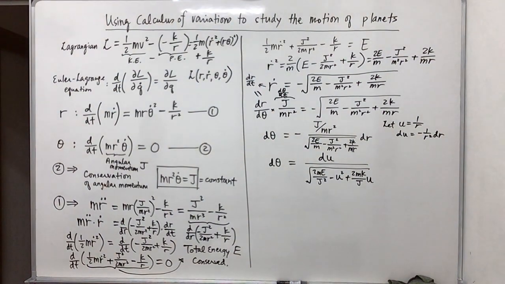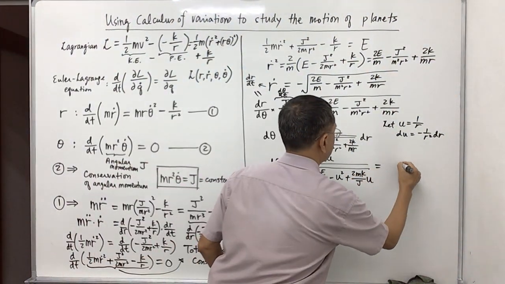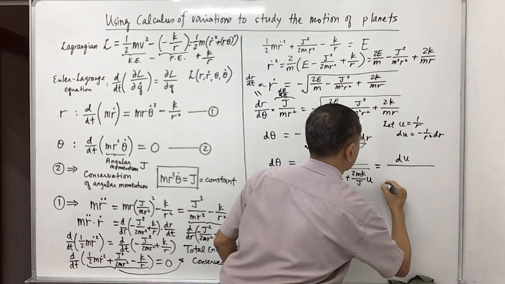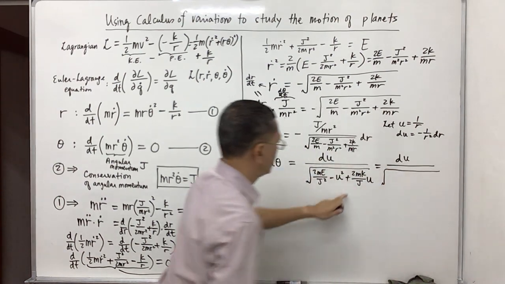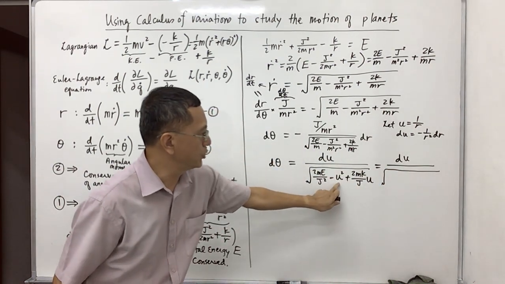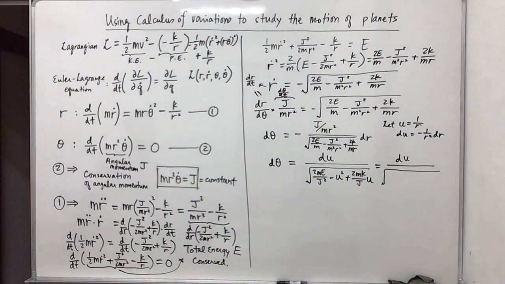Now, this is done by putting these two terms, the u squared and that 2mk over j u, into one complete square.